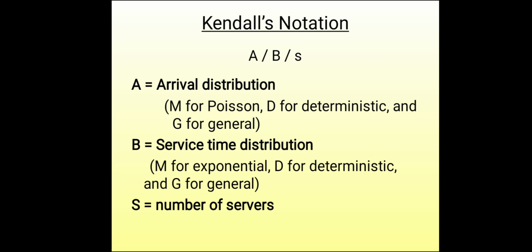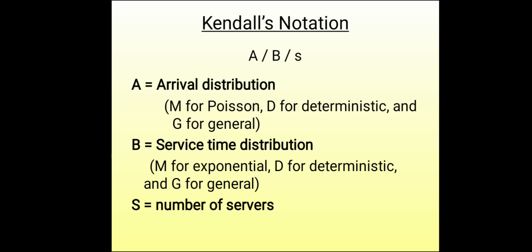And Kendall's notation, that is A/B/C. Here A is the arrival distribution: M for Poisson, D for deterministic, and G for general.